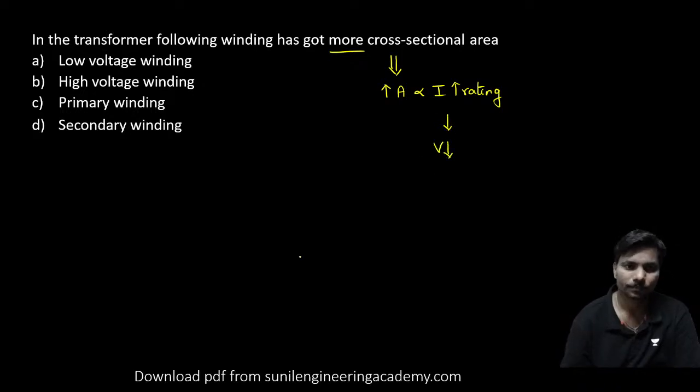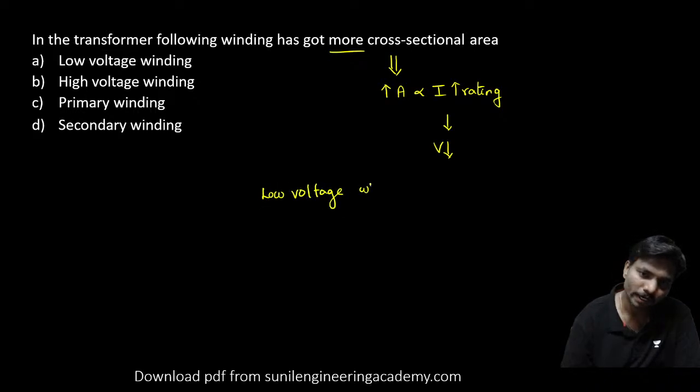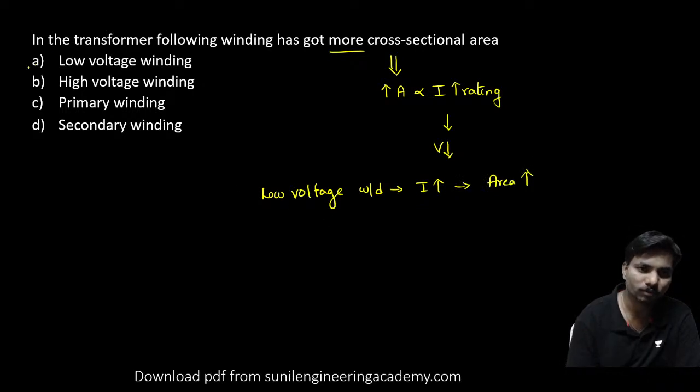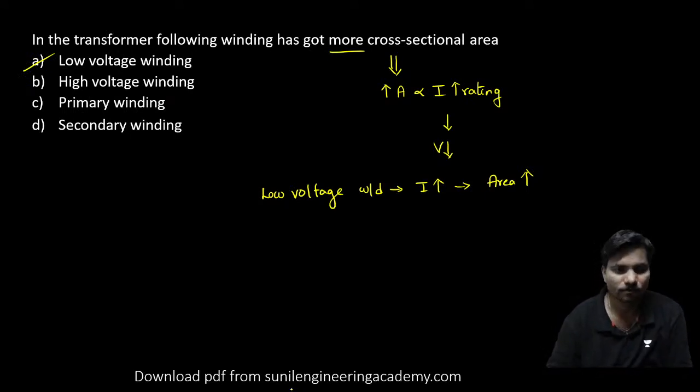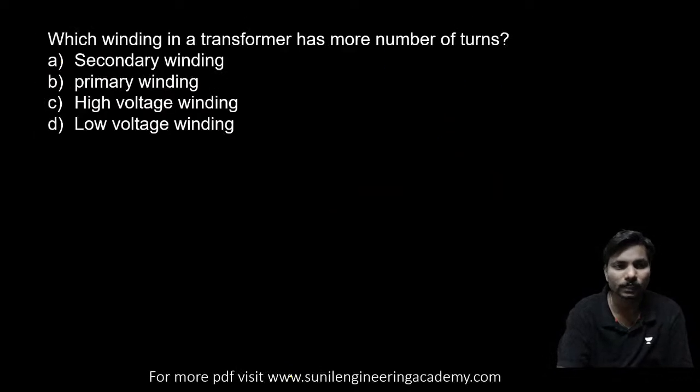The voltage is less. So the low voltage winding has high current, and for high current we require more area. So the low voltage winding has more cross-sectional area. The answer is option A. Very good, students. Coming to the next one.